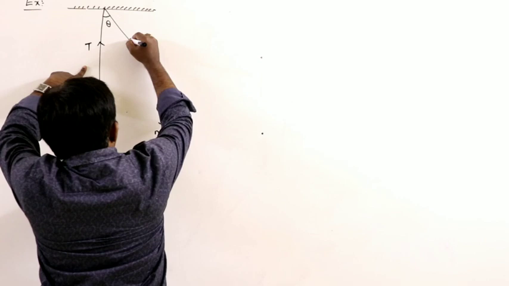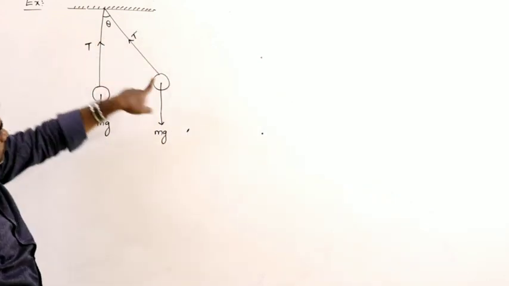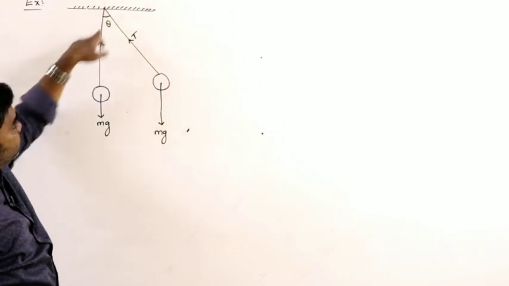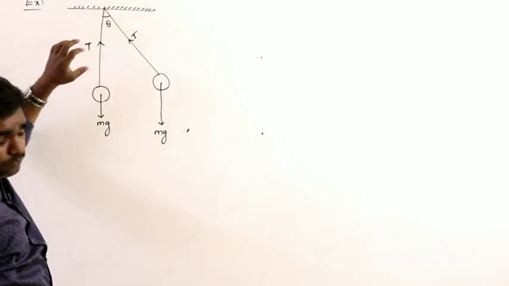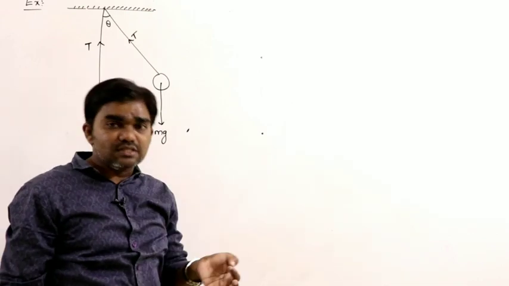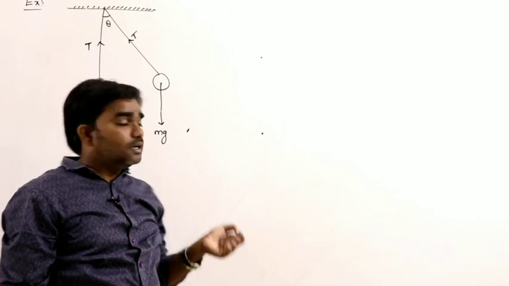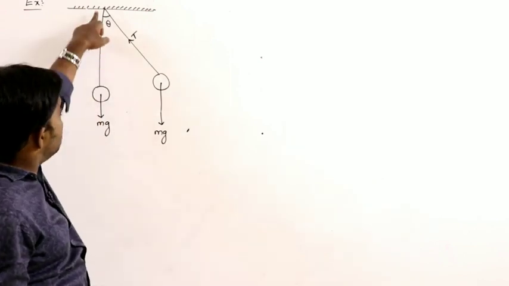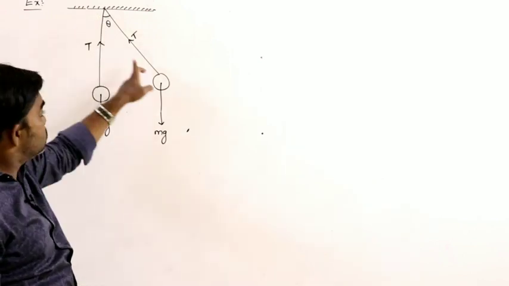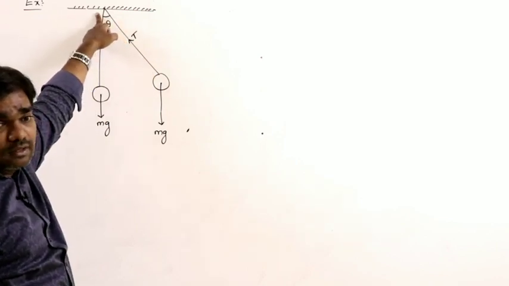And the direction of the tensional force is always towards the fixed position. Generally, tensional force exists in strings like this, and its direction is always towards the fixed position. So here also the tensional force is towards the fixed position.